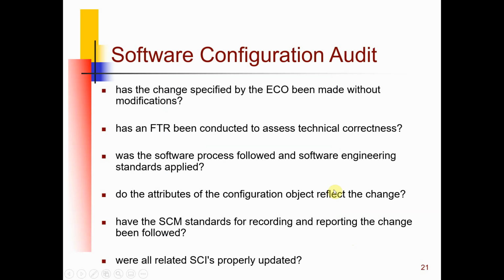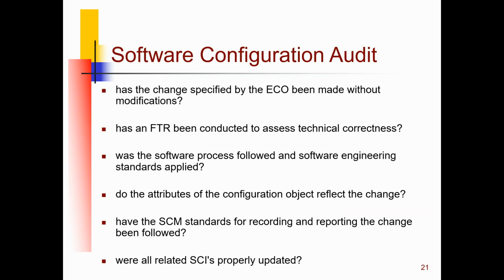Okay, let's see the auditing. As I mentioned, auditing is like a counter-action to everything here, to make sure you follow the procedure. As I mentioned before, sometimes it cannot be too strict.